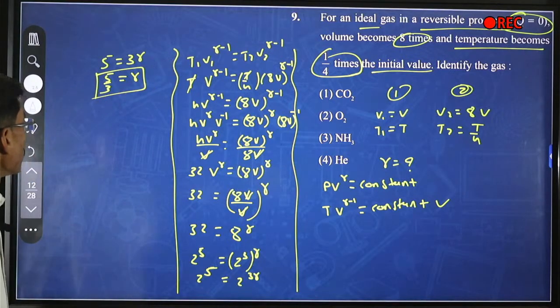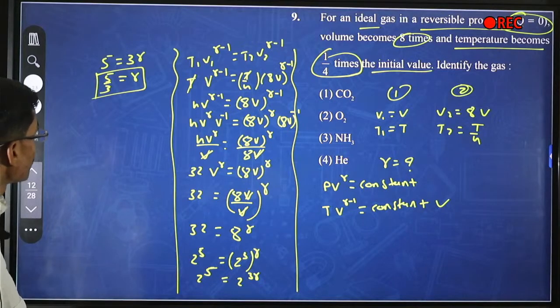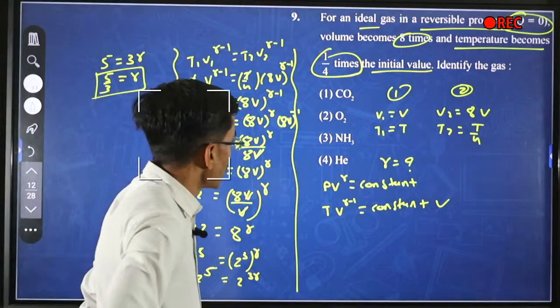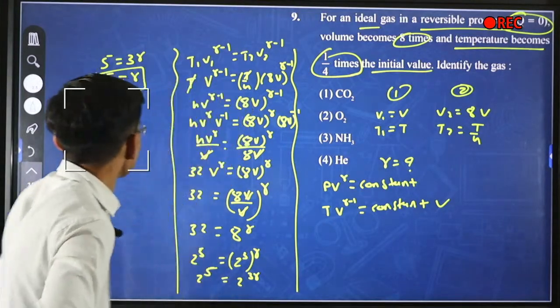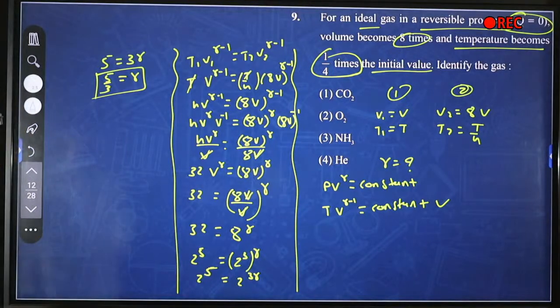So the value of gamma 5 by 3 is for which gas? Can it be only a diatomic gas, like O2? 5 by 3 is equal to gamma.